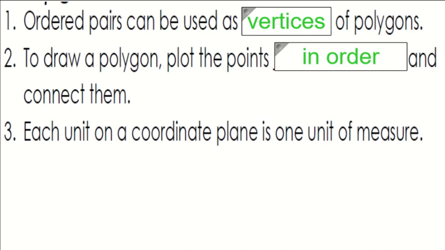And then each unit, each square, counts as 1. So you can plot them and count. You could also do like we did before and find the distance between the points.